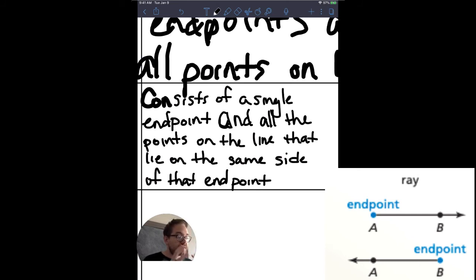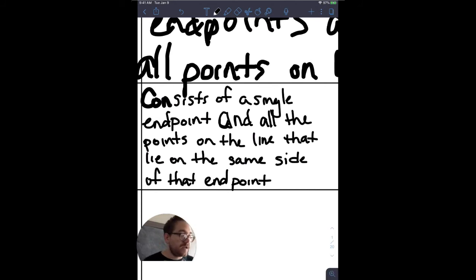So a ray has a single endpoint and then extends out in one particular direction and contains all the points that lie on the line on the same side of that endpoint. So let's look at a drawing of that, because I think that'll be helpful.